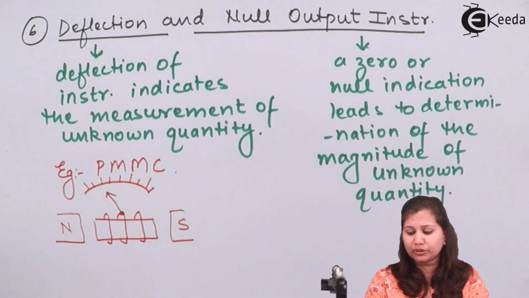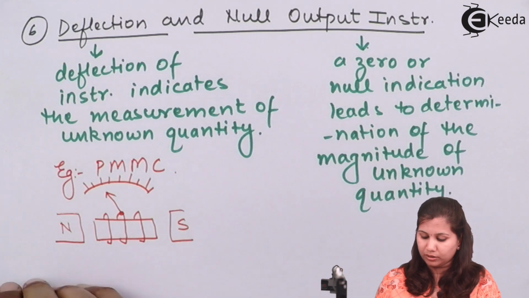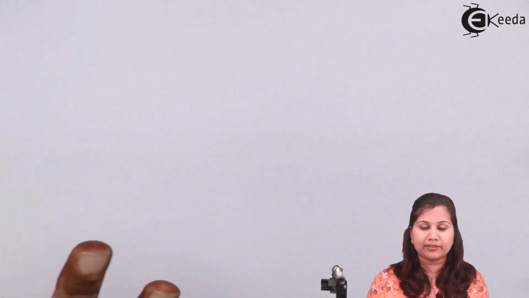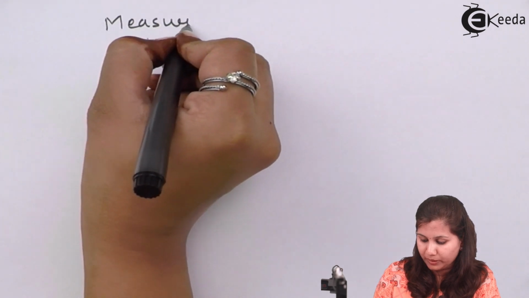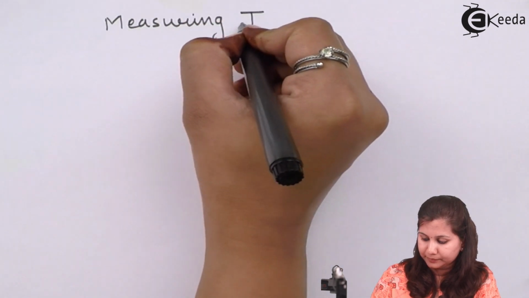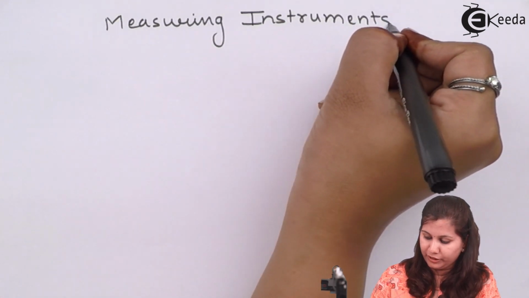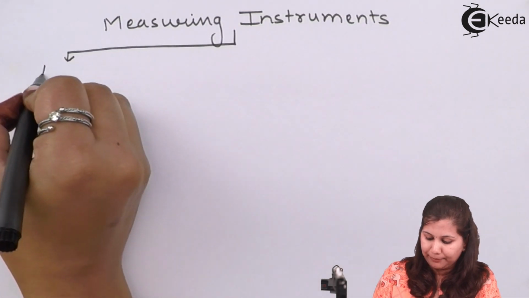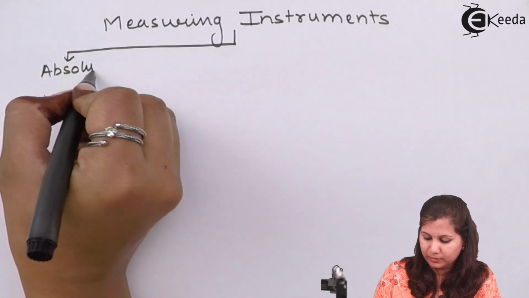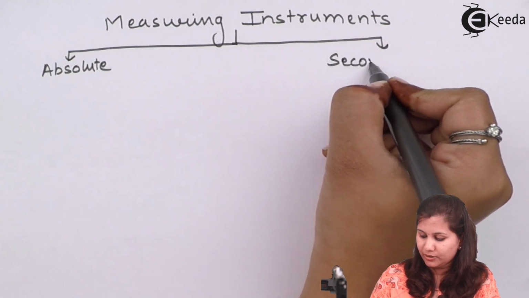Okay, so this was the classification of the instruments. If we draw a flowchart for the classification of instruments, it will be like this: measuring instruments. The first classification we studied was absolute and secondary instruments.